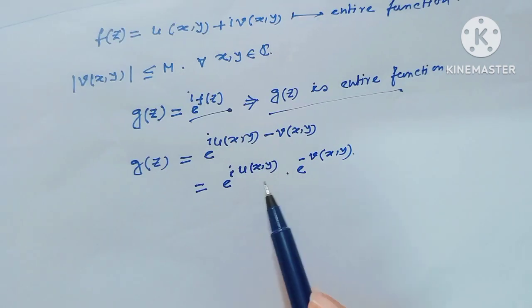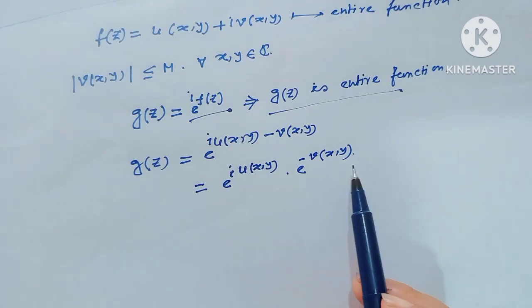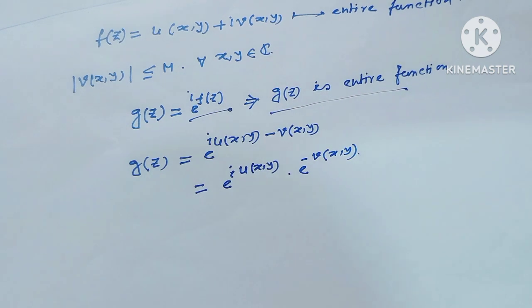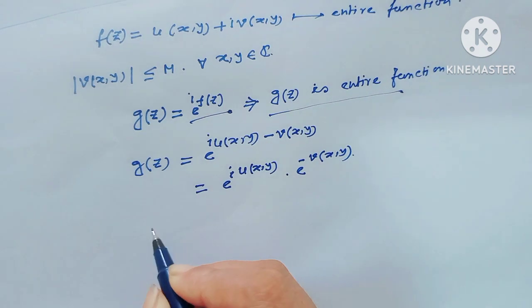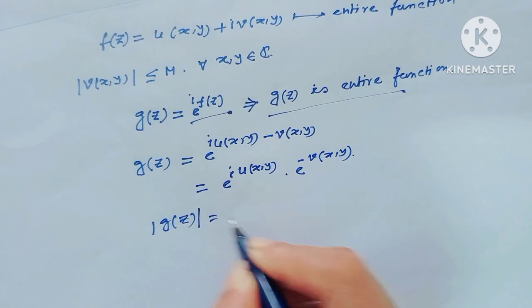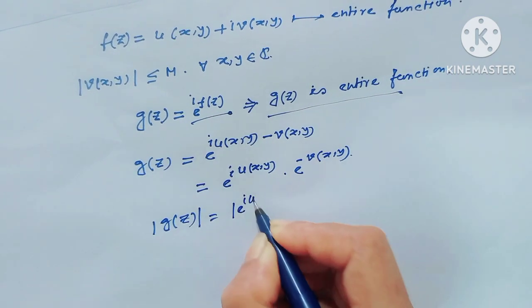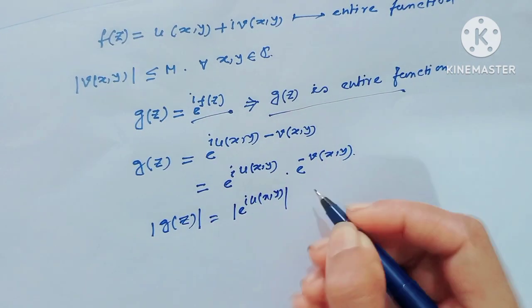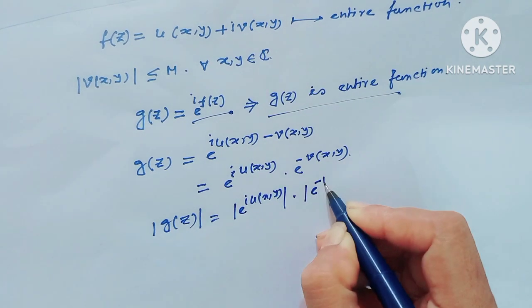That means e to the power i u(x,y) times e to the power minus v(x,y). If we apply the modulus, then the modulus of g(z) equals e to the power i u(x,y) times e to the power minus v(x,y).